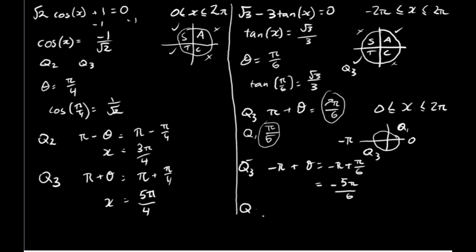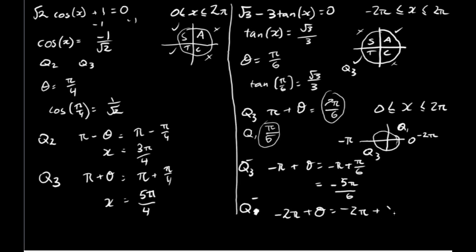The other one is when we're at Q1 going negative, so all the way around we'll end up at minus 2 pi. So minus 2 pi, and I want a little bit before that, so I add on my angle.